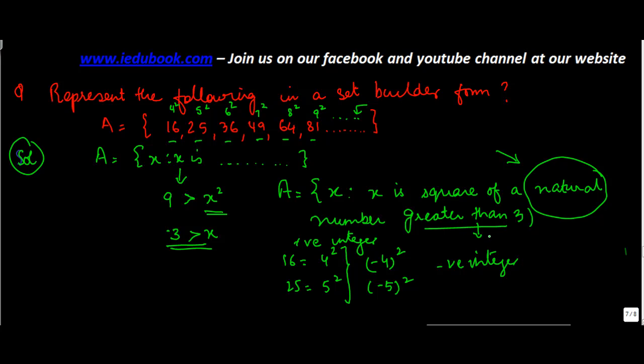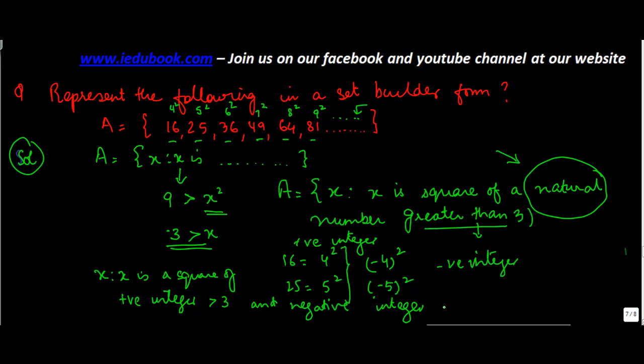Or you can say that x such that x is a square, but that becomes very complicated, of positive integer greater than 3 and negative integer less than -3.